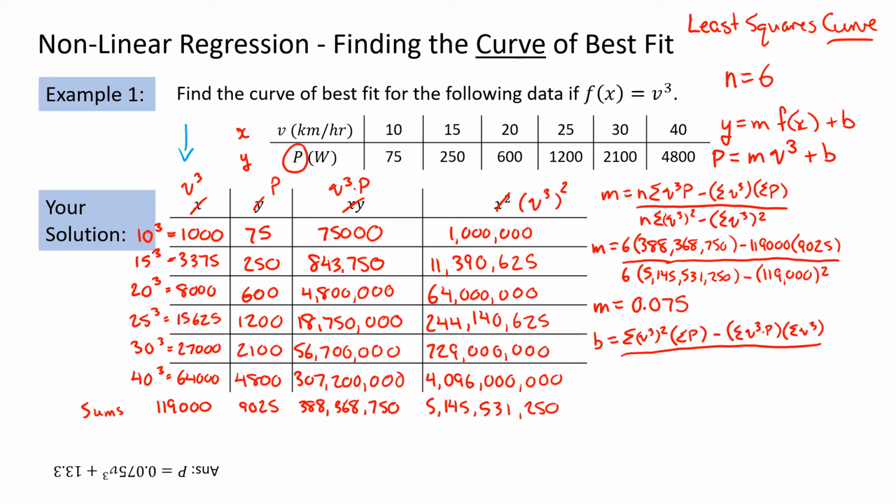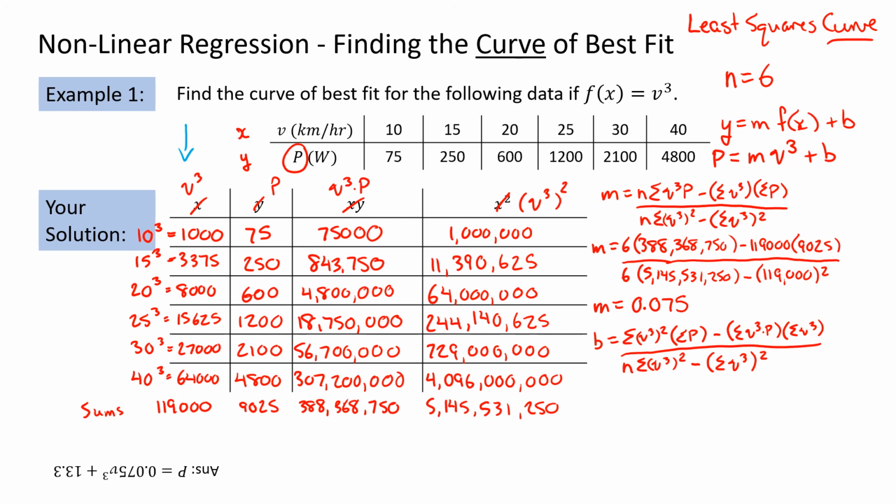And that's all divided by the same denominator as we had for our slope. Our number of data points, n, times the sum of the x squared, which was v cubed, remember, squared, that's our last column, minus the sum of our x terms, which is the sum of v cubed, all squared.